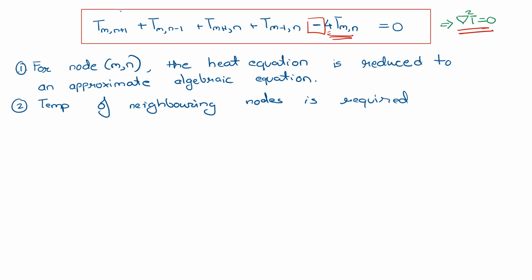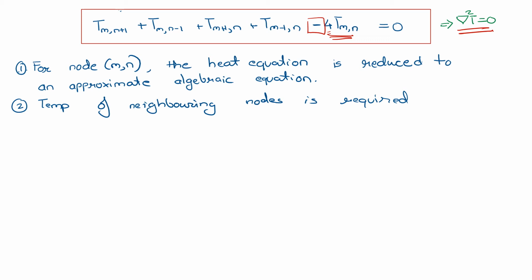So what we've seen here is that for node m, n, the heat diffusion equation reduces to an approximate algebraic equation. So this is no longer a differential equation or a partial differential equation which you need to integrate and find solutions to. This is a simple algebraic equation, which requires you to know the neighboring temperatures.